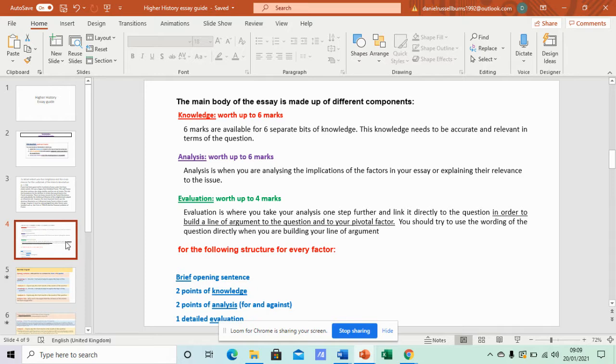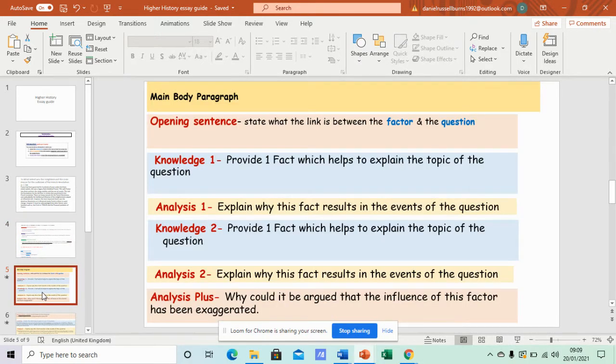You're demonstrating why your line of argument is the most important and impacts all of the other factors within the essay. So remember, we have that structure that we use. We're always looking for an opening sentence, 2 points of knowledge, 2 points of analysis, and then we're moving on. So what's the structure that we use?